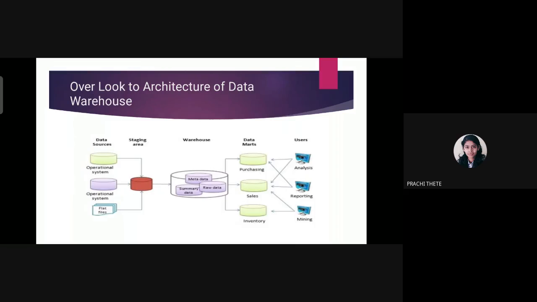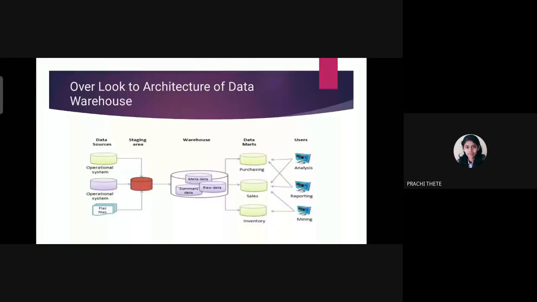Then an overview of the architecture of data warehouse. It consists of data sources, staging area, data warehouse, data mart, and then user. Data sources are the sources from where data is coming. In the staging area, the data is cleaned and then it is transferred to the warehouse, where metadata, summary data, and raw data are there.